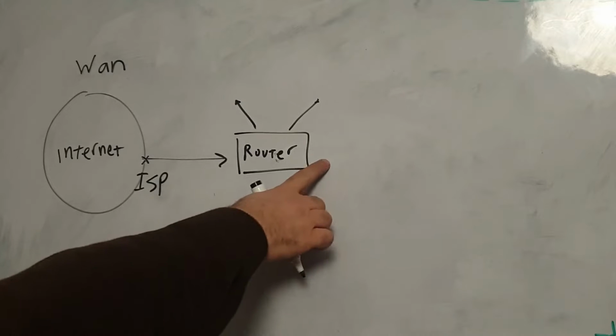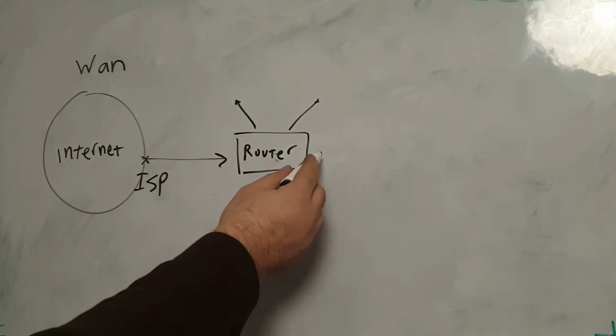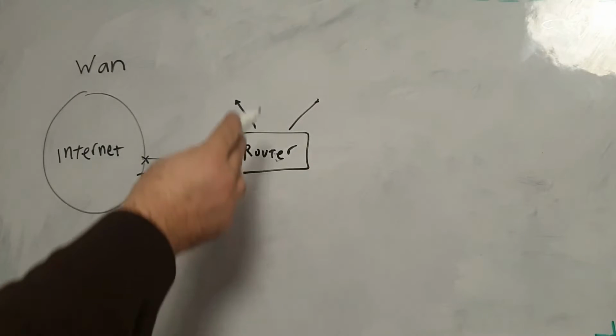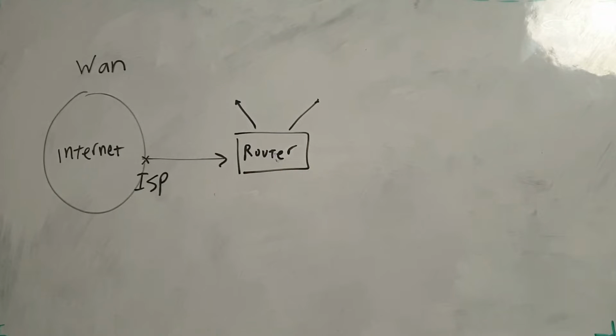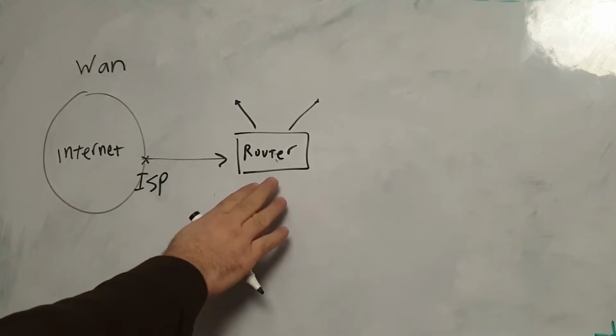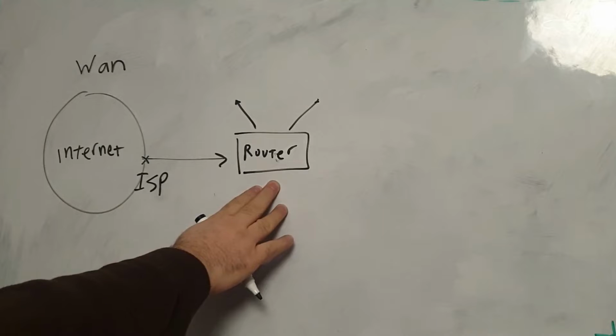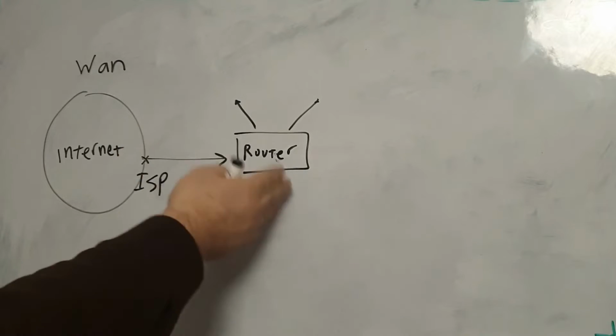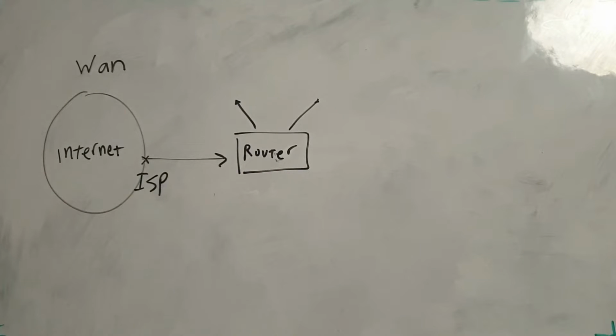On the other side will be your home network, where all of your devices will be connected to the router to get connected to the internet.